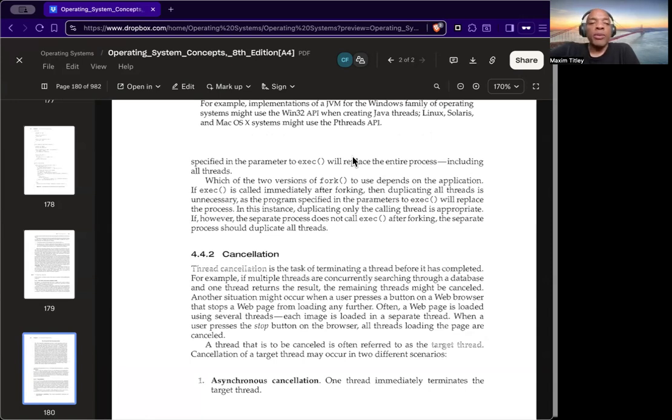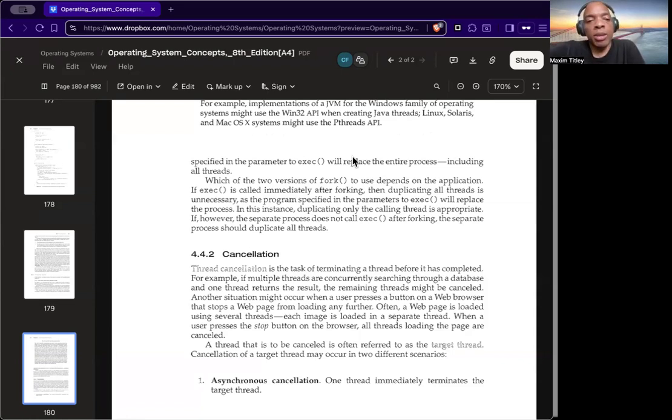However, if we actually change the runtime by calling exec and running a separate program or a different process altogether, in that case exec would not duplicate everything, but just take over the whole continuity of the runtime.